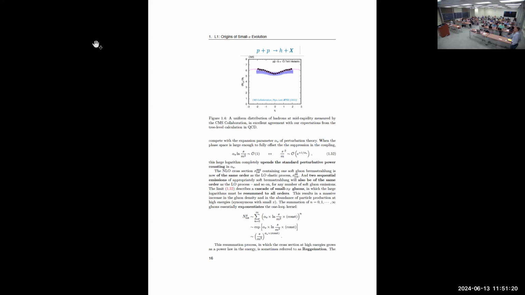The second emission has something soft compared to both of the previous ones, and so on and so forth. I always have something which is softer and softer compared to all of the parents before. And as long as you satisfy that hierarchical ordering of the momenta, then you can show that you always generate alpha s log 1 over x n number of times, no matter how many times you iterate the kernel. It's always based on a leading logarithmic approximation.